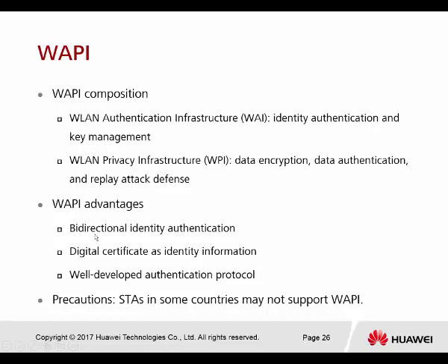The advantage is bidirectional identity authentication, so they do the authentication on both sides. It uses a digital certificate as identity information and a well-developed authentication protocol. This protocol is definitely different from the encryption protocols of EAP created for WPA. Okay, it's different.